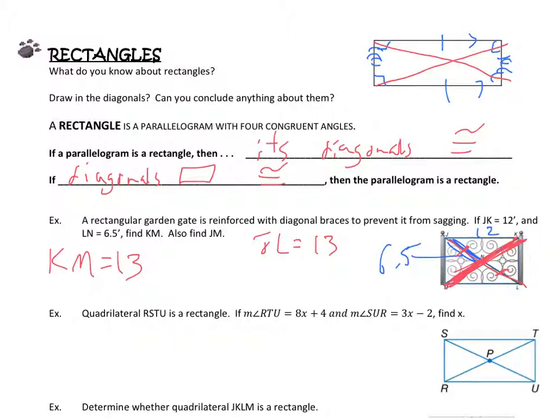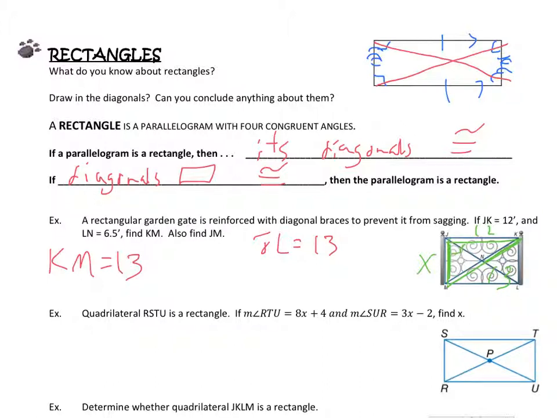Now they also ask us to find JM. That's where it gets a little trickier. But what we did is we found that, well, we know that JK is, what did it say, 12? We found that KM is 13, and we're needing to find this angle. Notice that forms a right triangle.